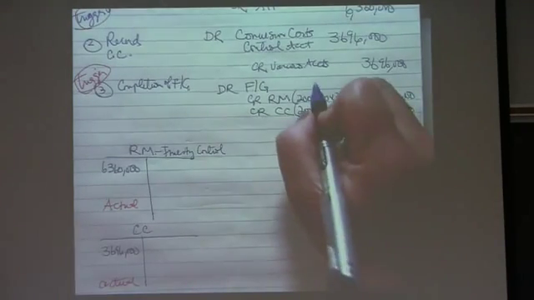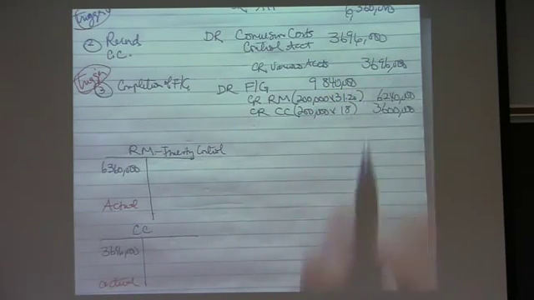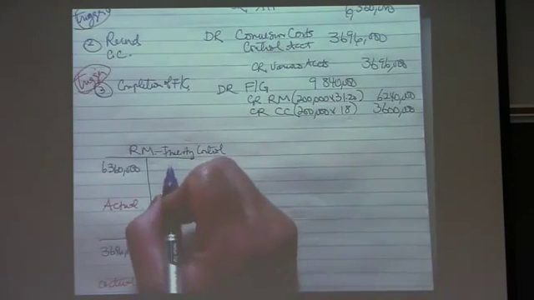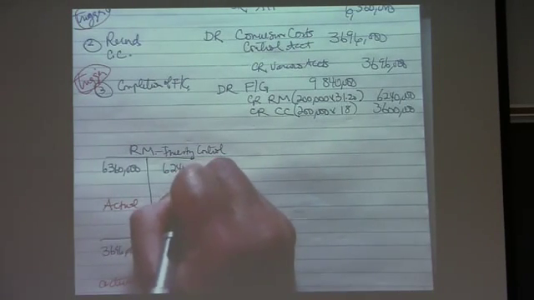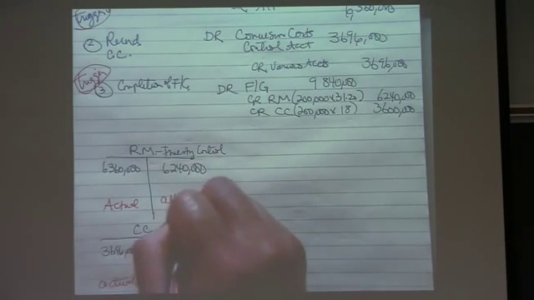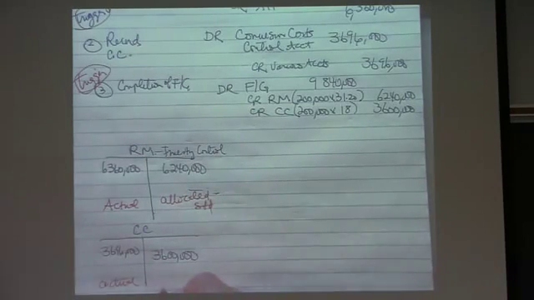So the sum of this is 9840. So these are standard. So we're going to credit 6240 and 3600. These are allocated using standard.